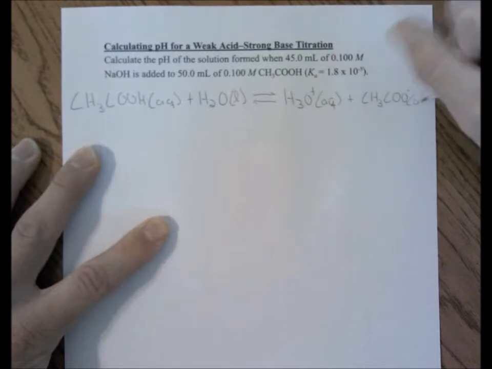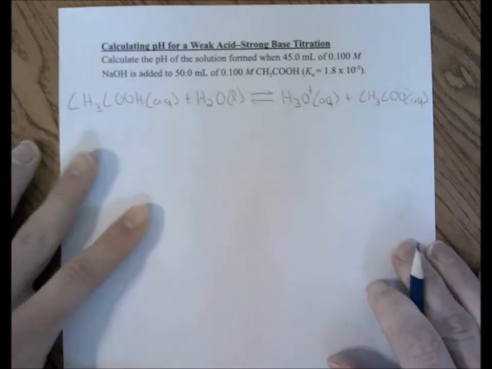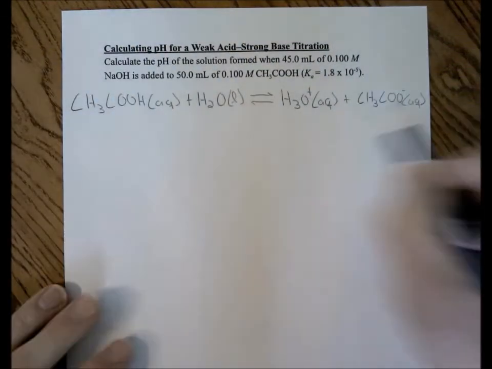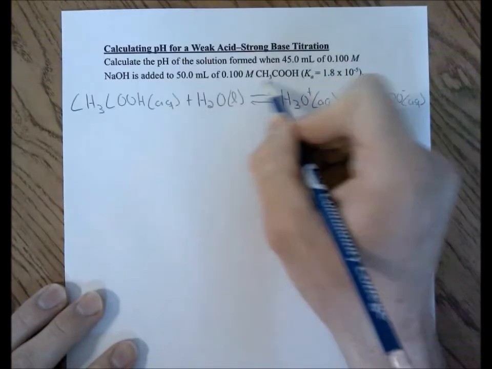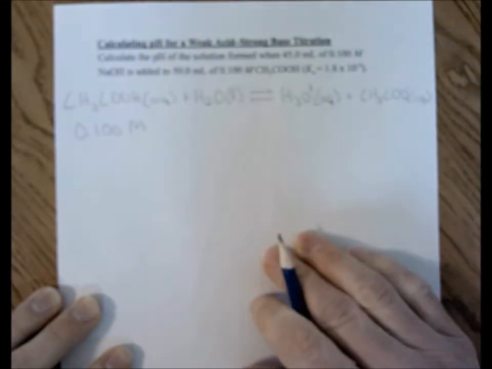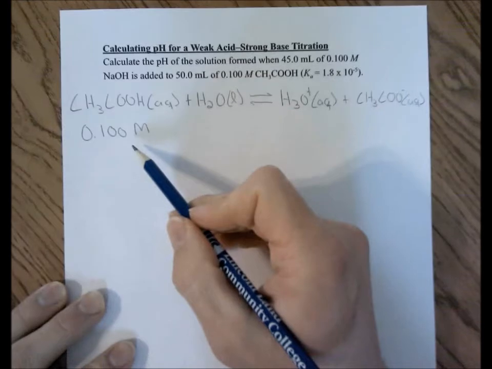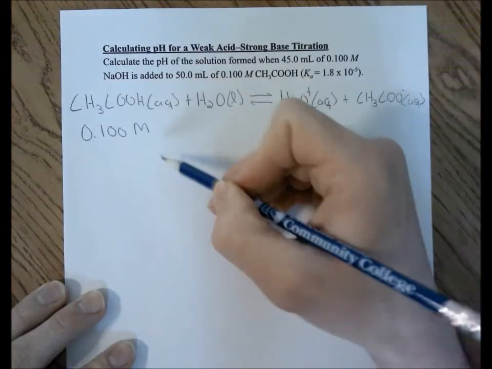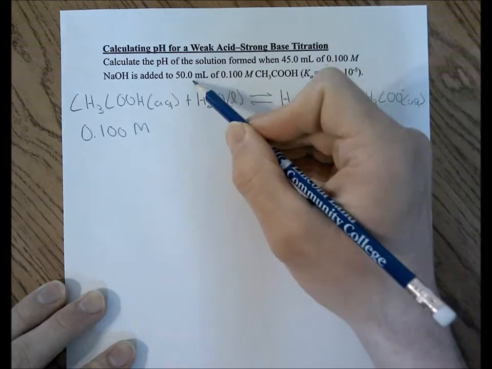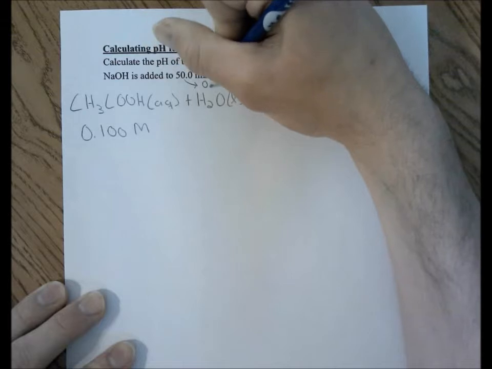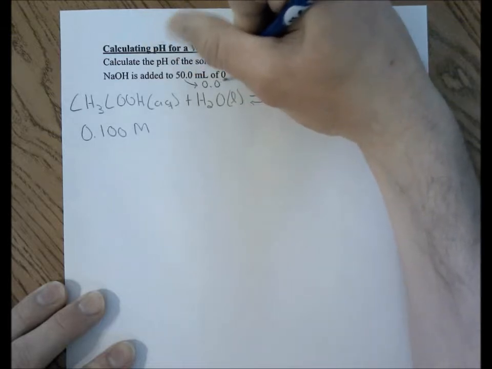Now, what happens here is this. We have to think about what we initially have. We initially have this 0.1 molar acetic acid, which, as you saw in the last problem, wasn't as helpful. So instead of having 0.1 molar, I want to know how many moles of this acid I have. Out to the side here, I have 50 milliliters, which, just as a reminder, is equal to 0.05 liters.